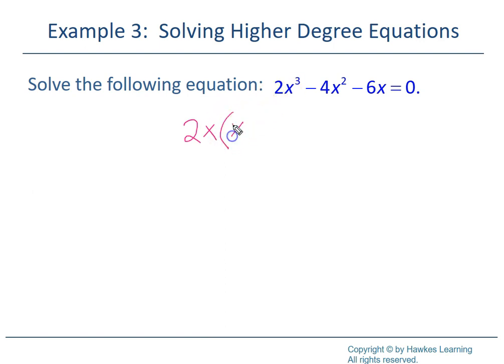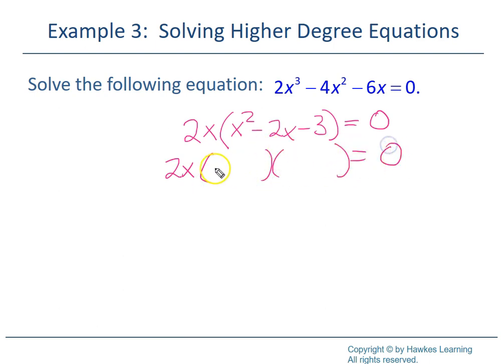Then this becomes x squared minus 2x minus 3 equals 0. So we get 2x, and then we're going to factor this. They're not too difficult to factor here. The 3 will be a negative, this will be a positive. Now to save a little time, I'm going to equal this way, just equal each of these factors to 0.